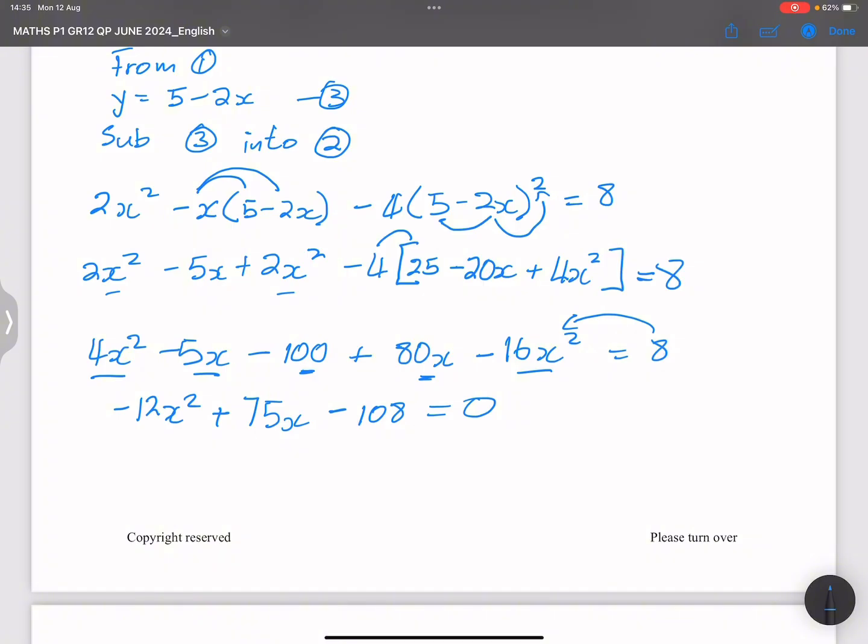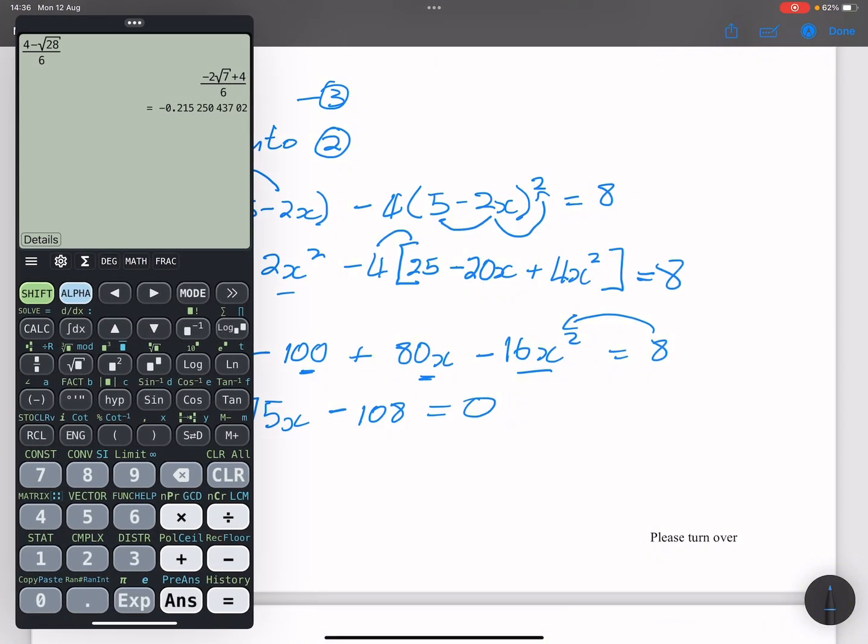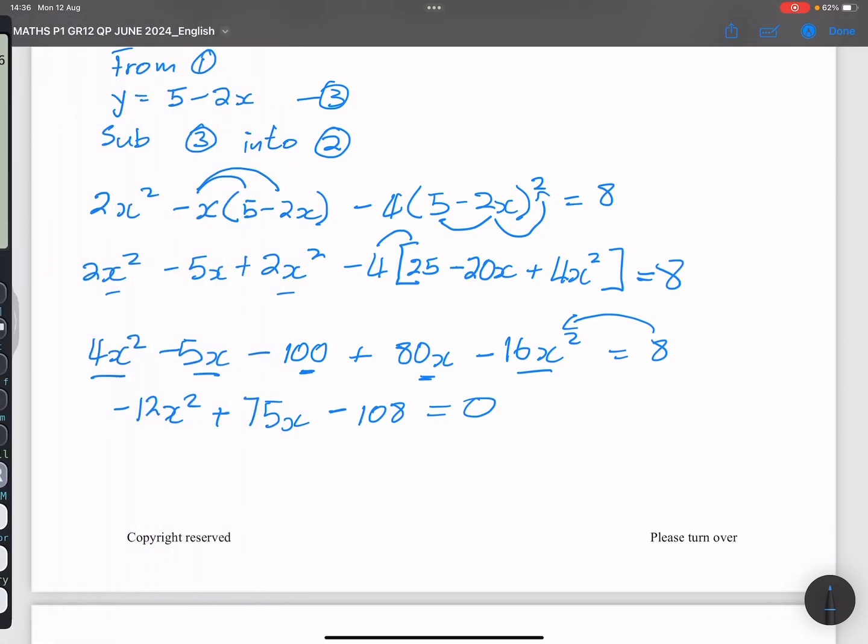So let's do that. Let's check with our calculator. 75 divided by 3 gives us 25. And 108 divided by 3 gives us 36. So let's divide everything by negative 3.